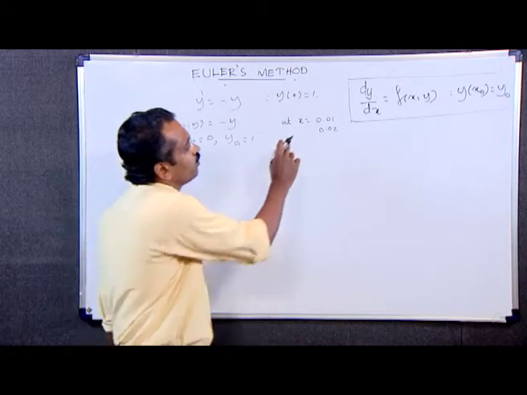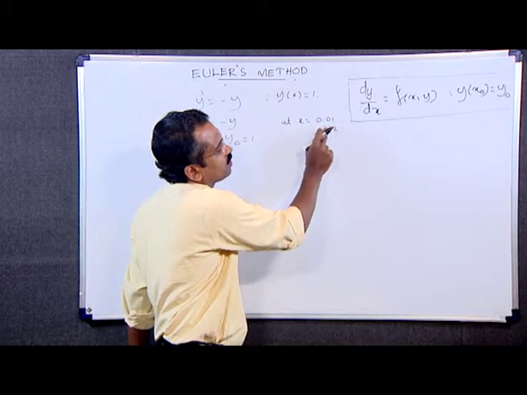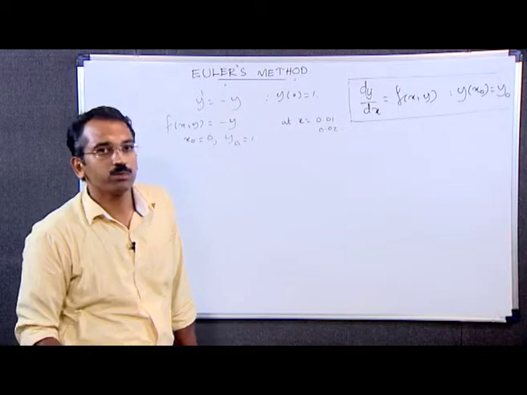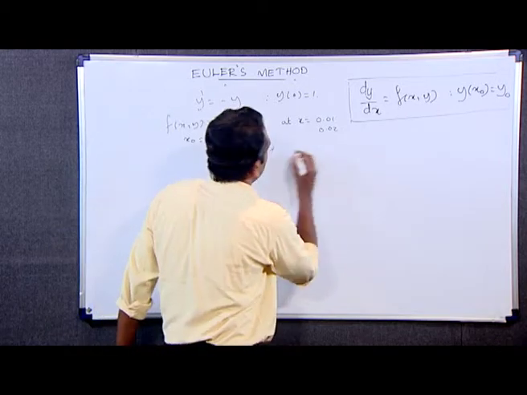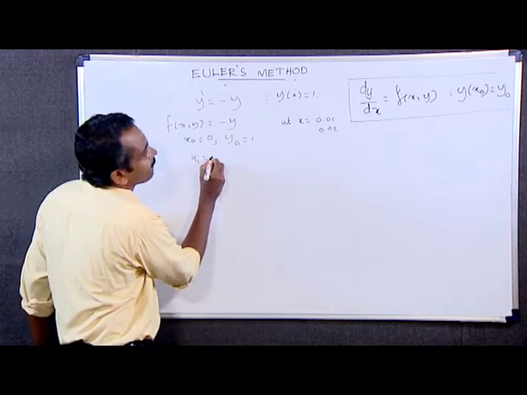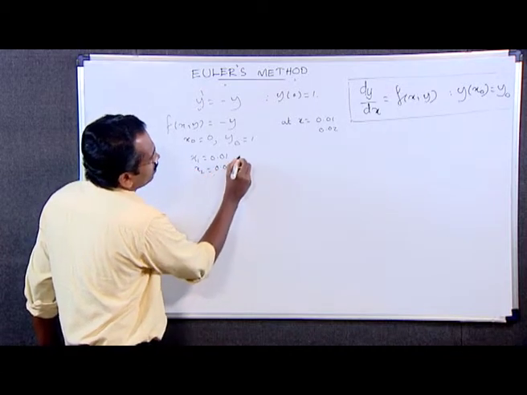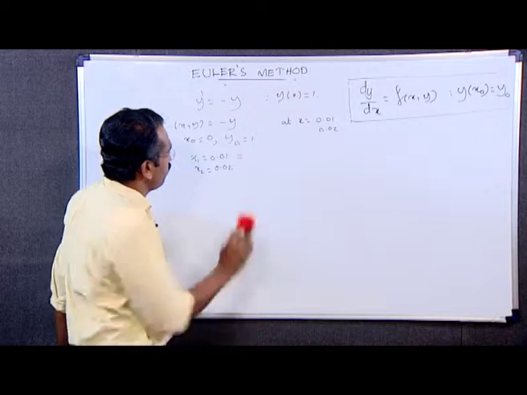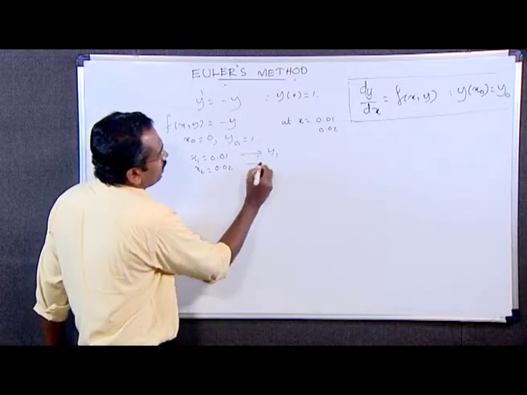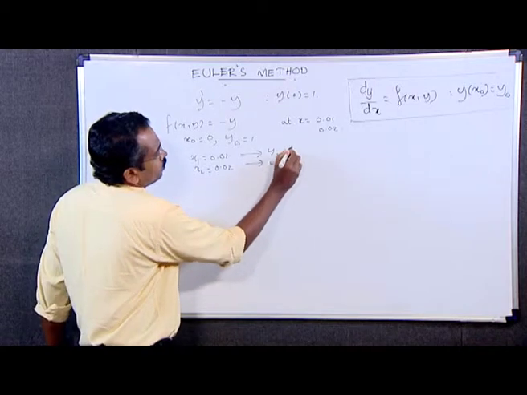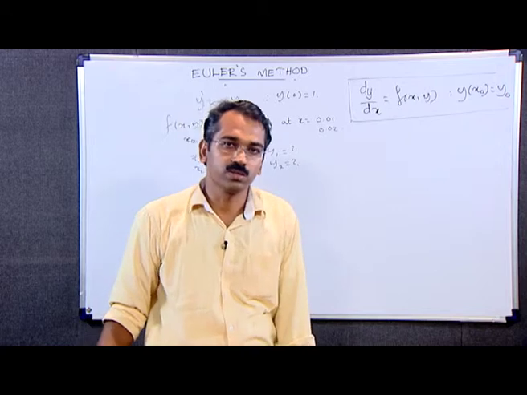Now, we want to find the value of y at x equal to 0.01 and x equal to 0.02. Therefore, we can take x1 as 0.01 and x2 as 0.02. We want to find the corresponding y1 and y2 by the Euler's method.